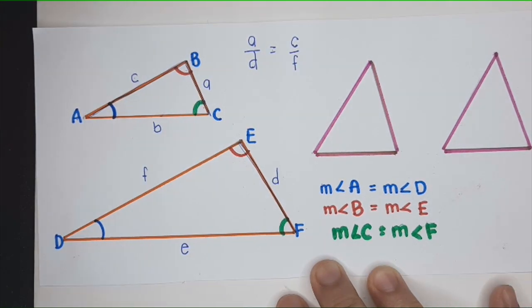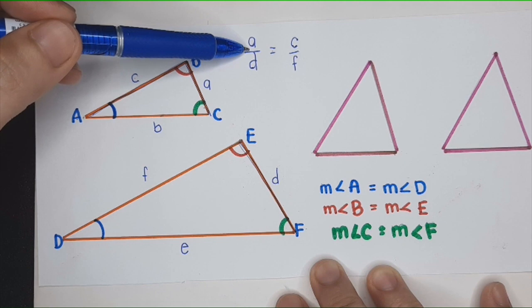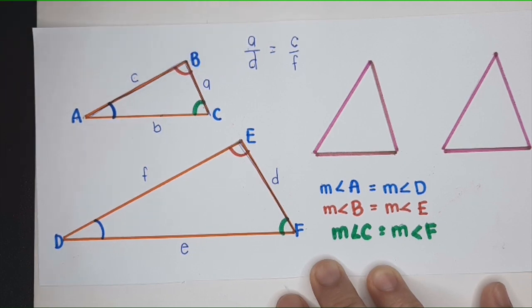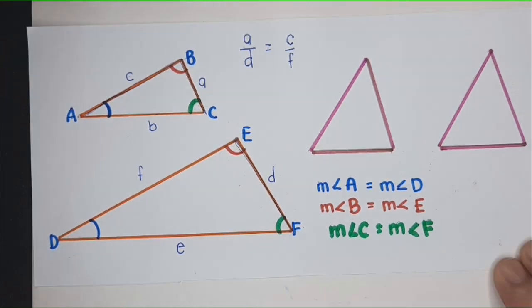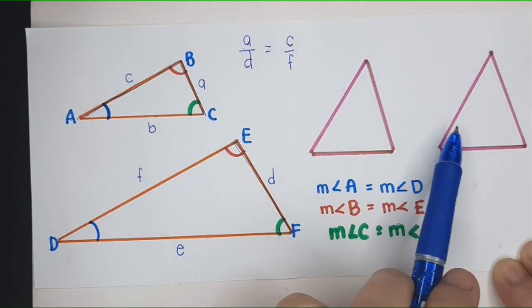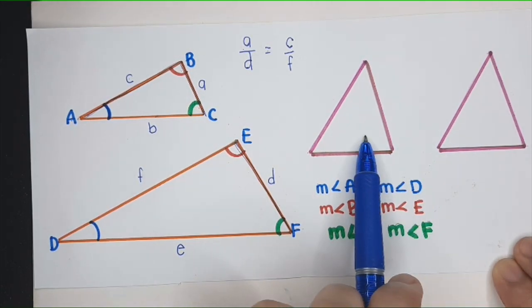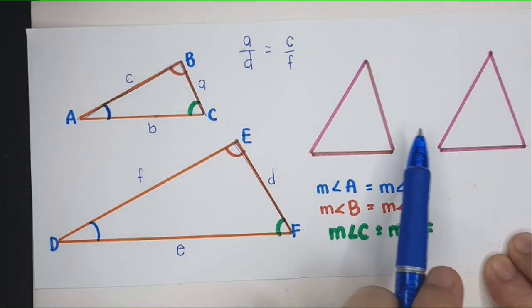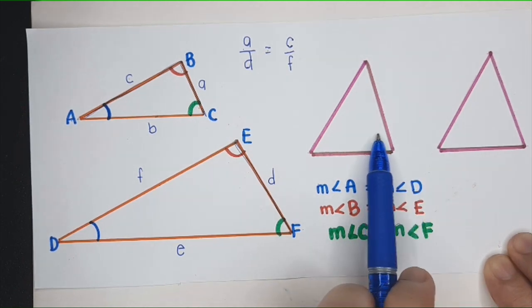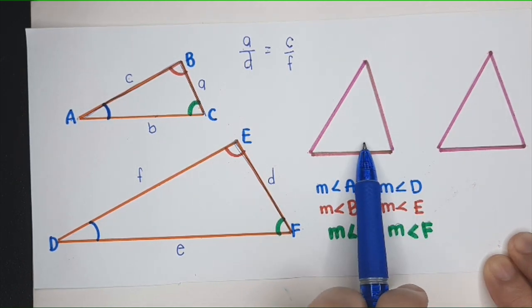Okay? So, yan yung ibig sabihin ng the ratio of the lengths of their corresponding sides are equal. So, another similar triangles. But if you notice, they look exactly the same.